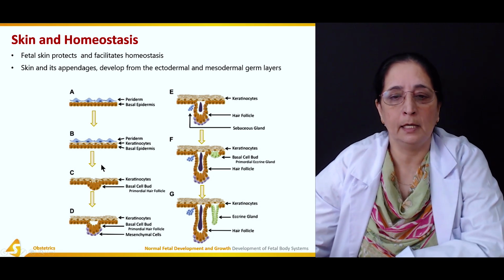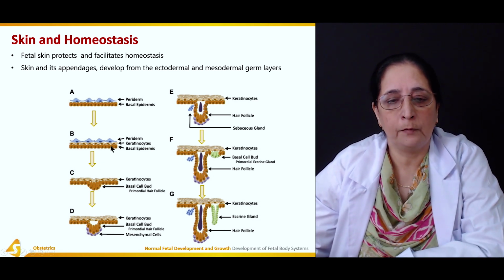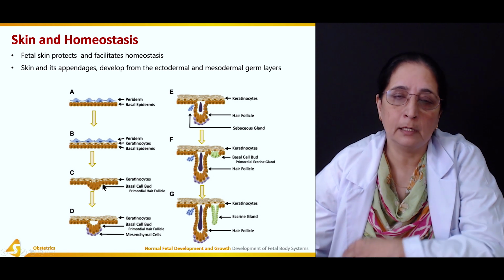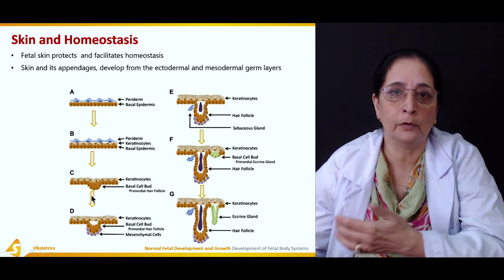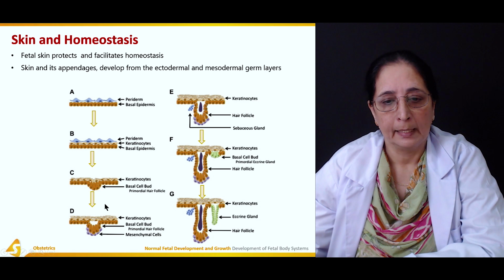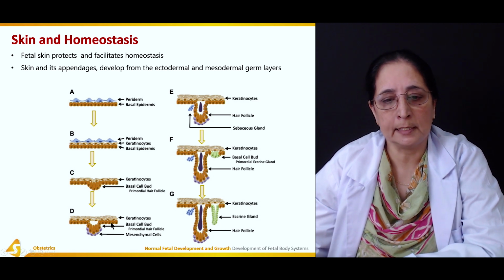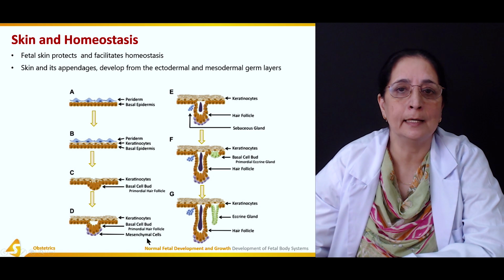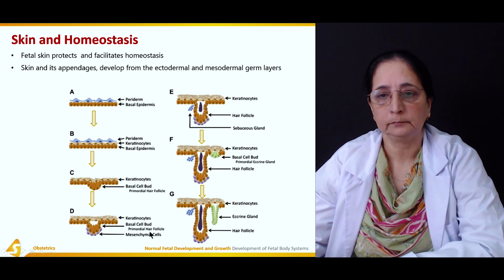This epidermal layer is from the bud of the hair, the primordial hair follicle, from which the growth of the hair later takes place. In the next stage we again have keratinocytes, the basal cell bud, the hair follicle, and at the end of this bud the formation of mesenchymal cells.